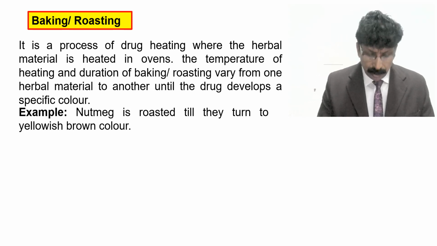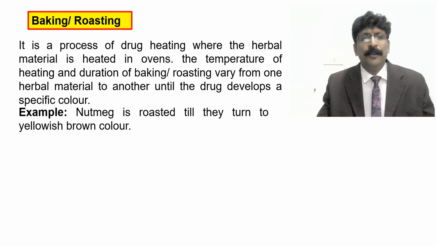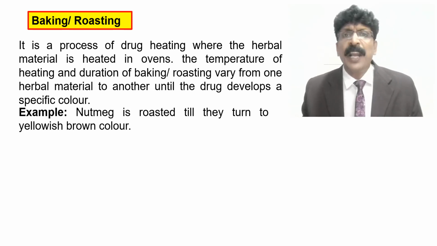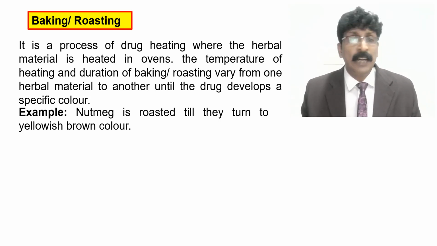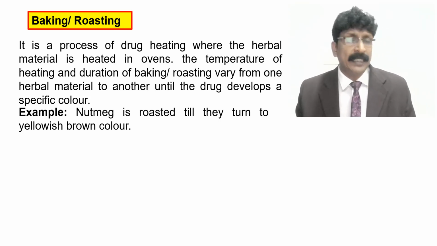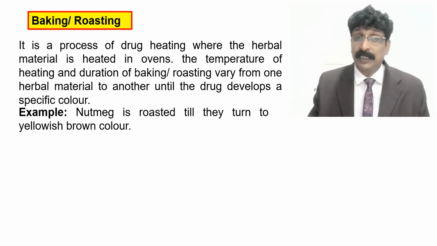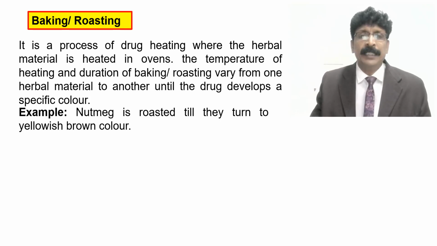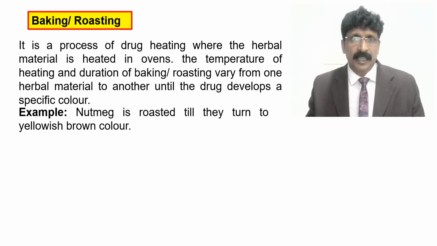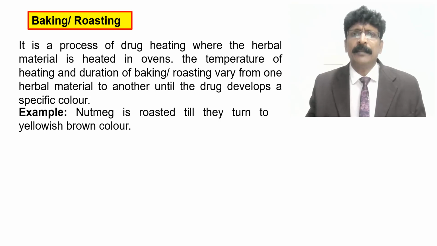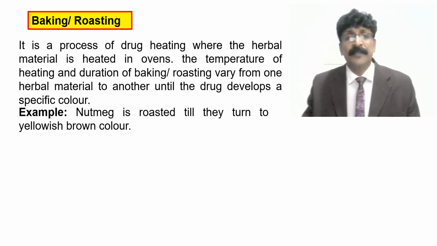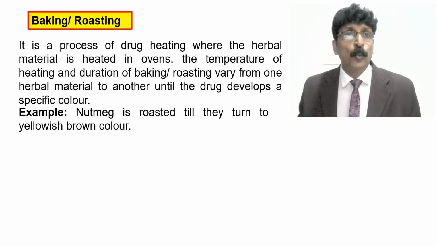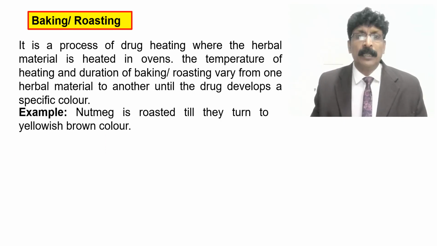For example, nutmeg, which is very commonly cultivated in our area, is now an emerging medicinal plant, used in our food as a flavoring agent, and also important in many Ayurvedic preparations. Nutmeg is roasted until it turns yellow brown.